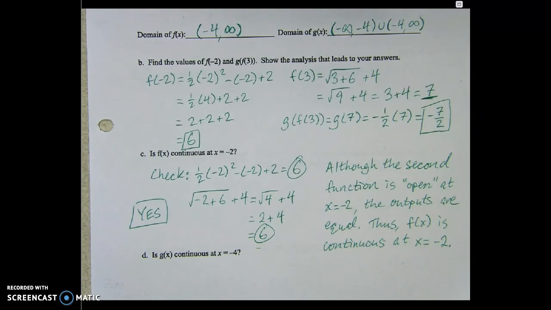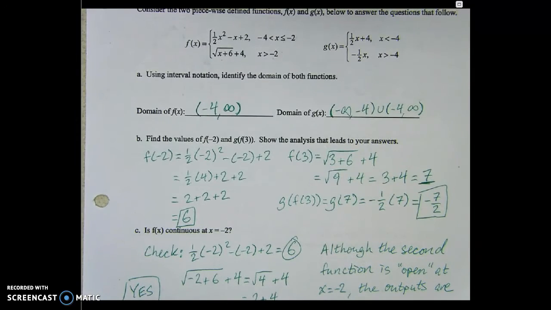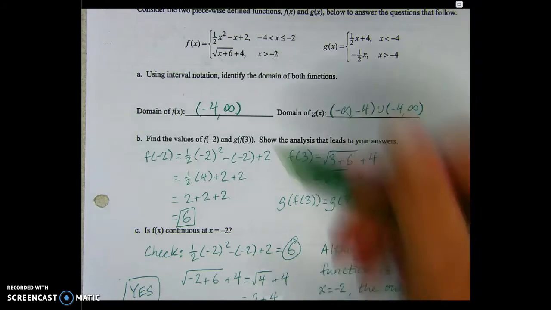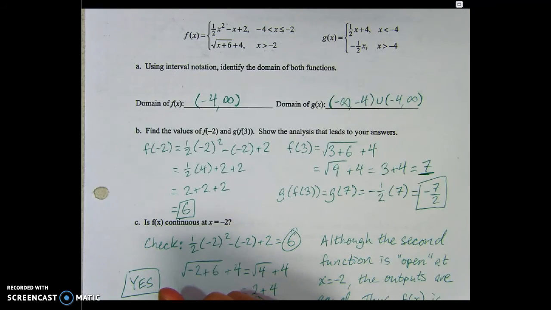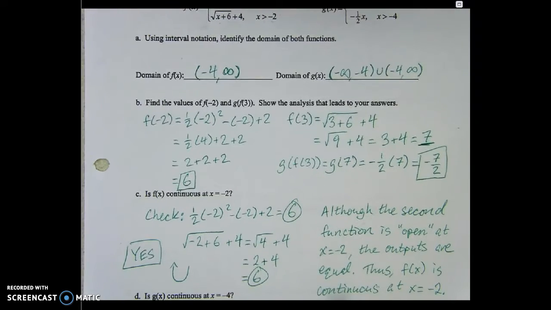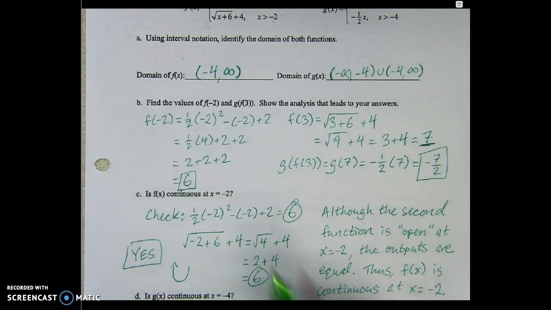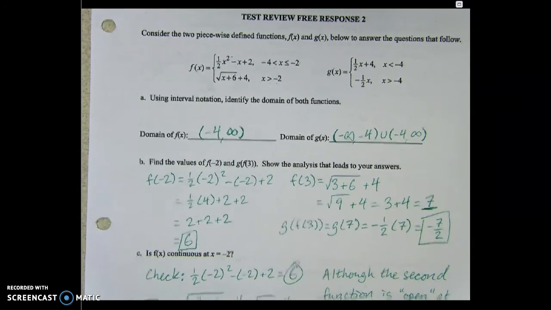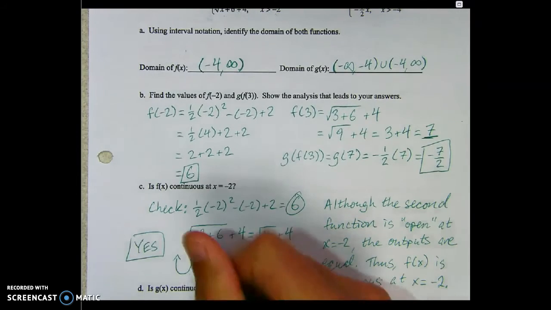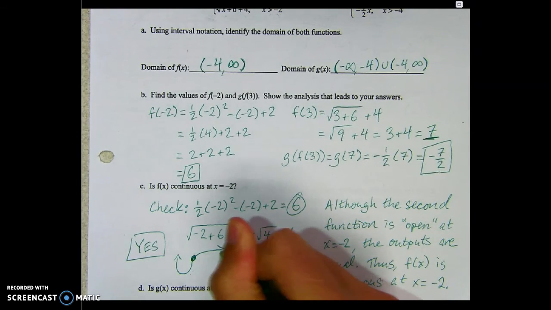So really you can kind of picture what's happening, right? You don't need to graph this, but you do kind of need to understand that because this is a degree 2, it looks like a quadratic, right? So it kind of has something going on like that. So what's happening on the right-hand side of this quadratic? Sorry if you couldn't see that. Well, it's closed on this end, but then my square root function is going to pick right back up at the same output and do something like that, right?